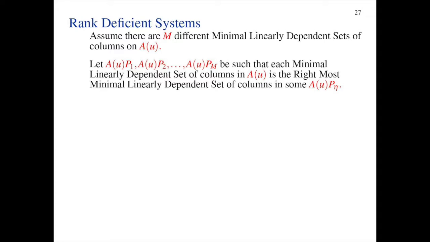So what we are saying here is that if there's a certain number of these non-essential columns, there is a permutation matrix I can apply so that every non-essential column is a part of the rightmost minimal linearly dependent set. And when you change the columns, you don't change the solution. You just change the order that the solution is in on the right side, maybe when you do column interchanges.